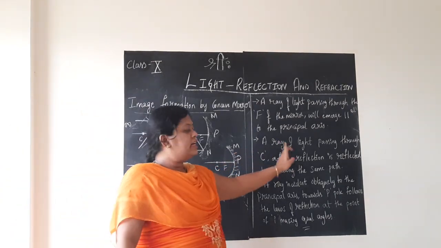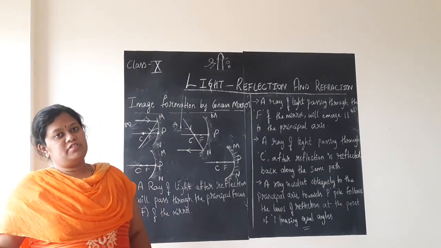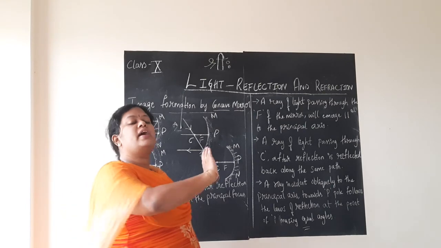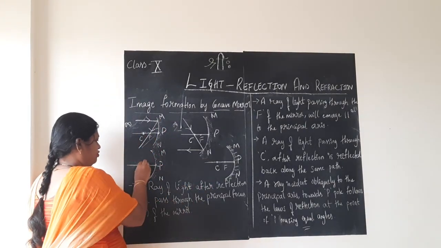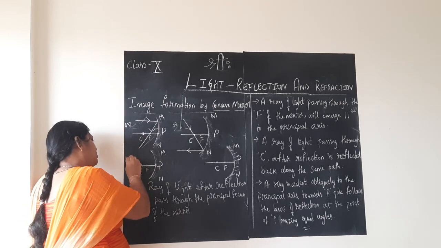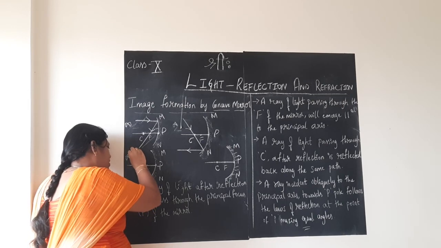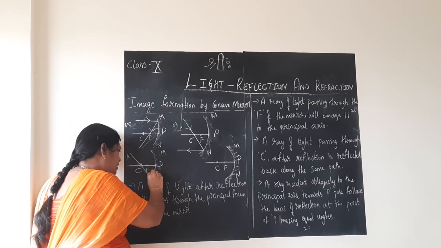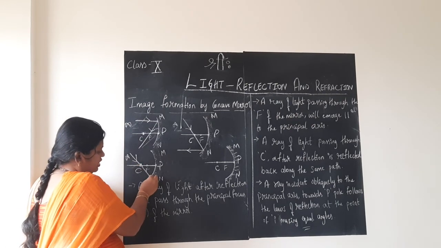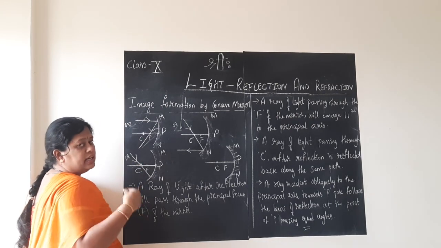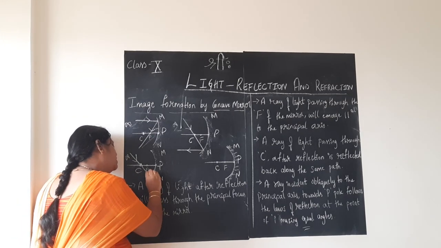Third one is, a ray of light passing through the center of curvature C of the mirror will trace the same path after reflection. I will consider this new figure now. From infinity, the light is coming from the object. If the ray of light is passing through C, the center of curvature of the mirror, children, after striking the mirror, it will reflect back in the same path.